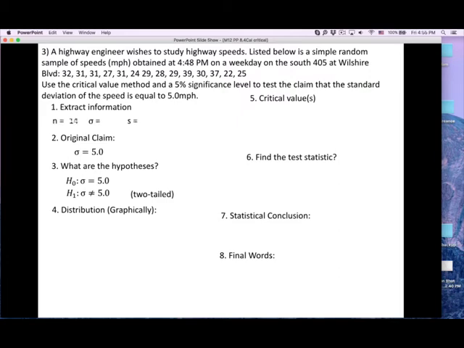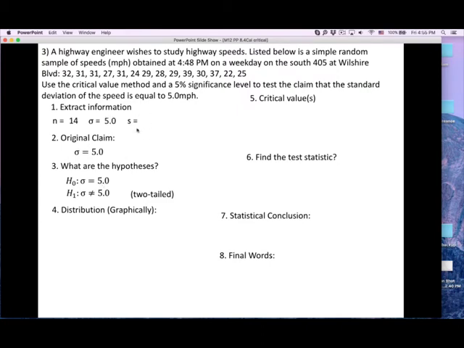Then find out these three guys here. So they gave the data, okay. So you know n, you're gonna count how many data you have. You have 14 data here. And this is a population standard deviation, so that will be equal to 5.0.